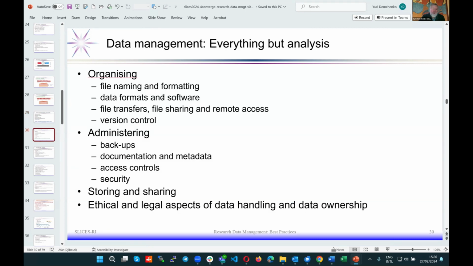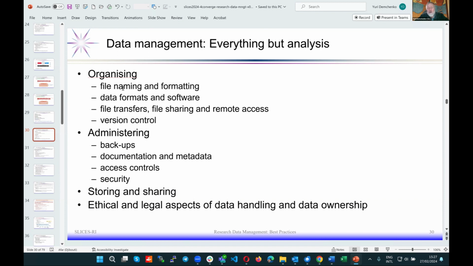Data management. I already mentioned that data management is everything except data analysis. But saying this, I would say this is a traditional or current, maybe even past vision. Then we start talking about managing data during machine learning and data analytics projects. We already cannot avoid working with data during the data analysis.